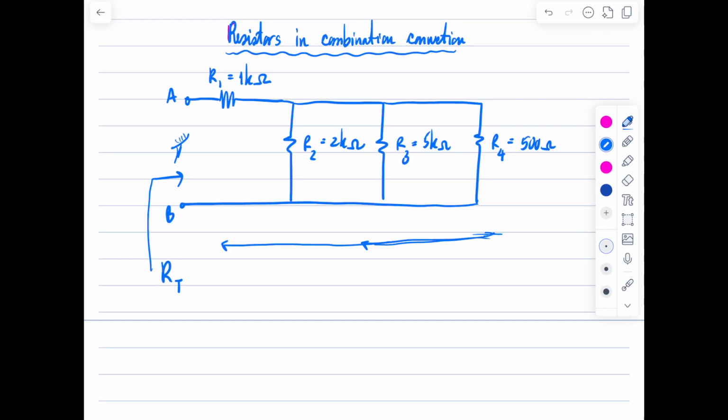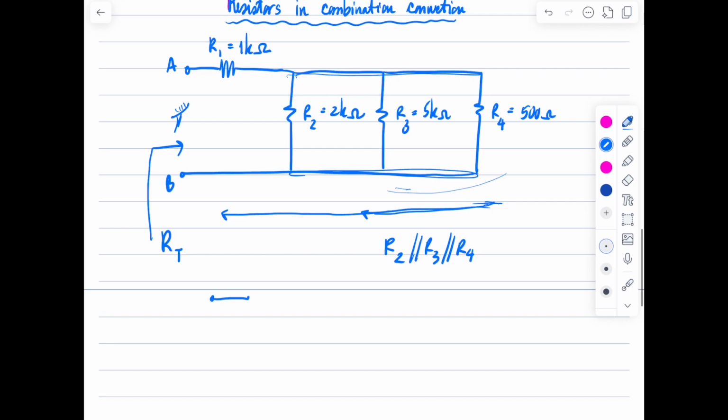In this circuit, you have to recognize that these three resistors, R2, R3, and R4, are the same nodes. Therefore, they are connected in parallel: R2 parallel R3 parallel R4. When you combine all those three resistors, the circuit becomes like this, AB.